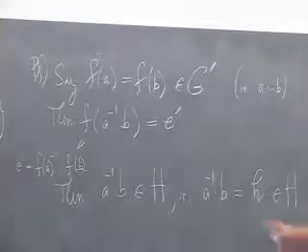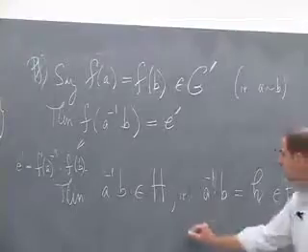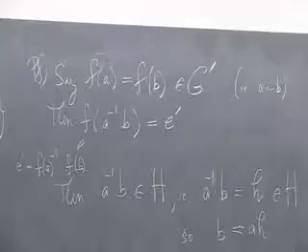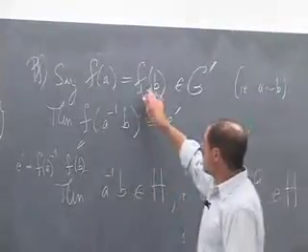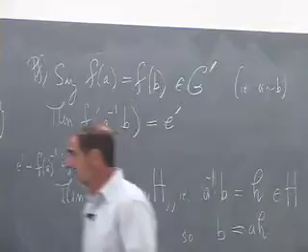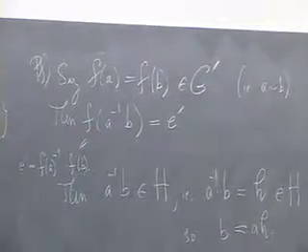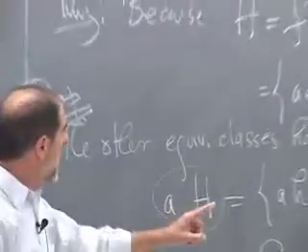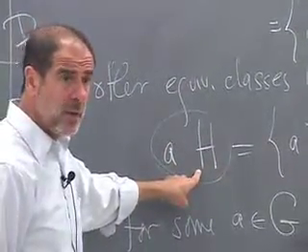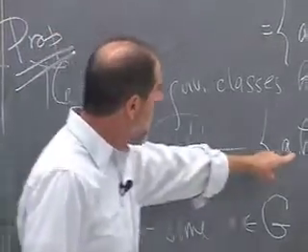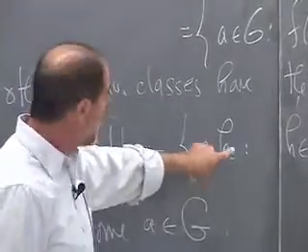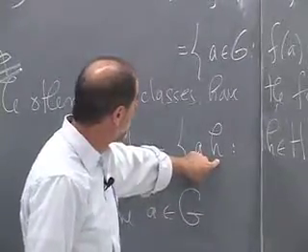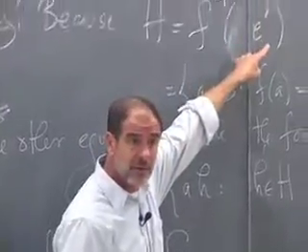Now multiply both sides by a on the left, so b equals ah. So if I have an element equivalent to a, it lies inside of this set. Conversely, if I have anything in this set, it's equivalent to a. Because if I apply f to an element like this, I get f of a times f of h, and f of h is by definition the identity element.